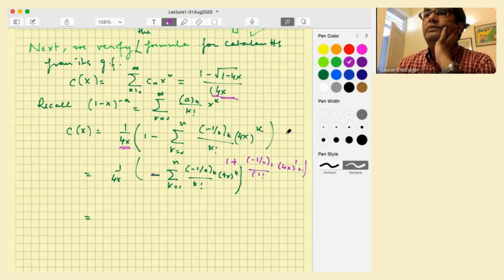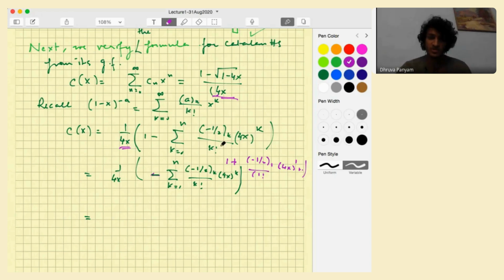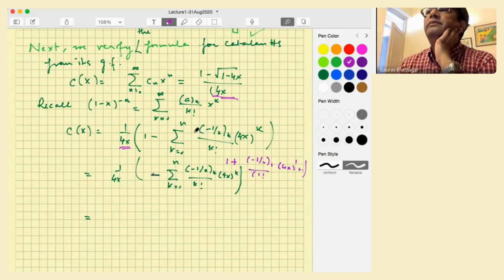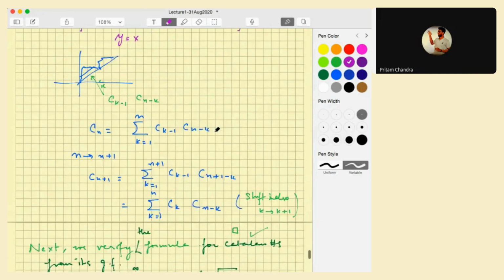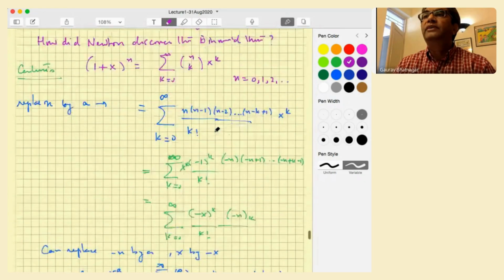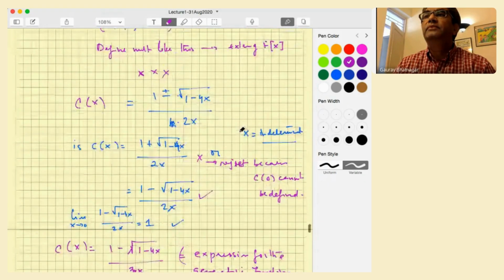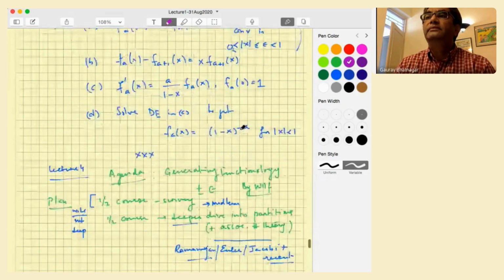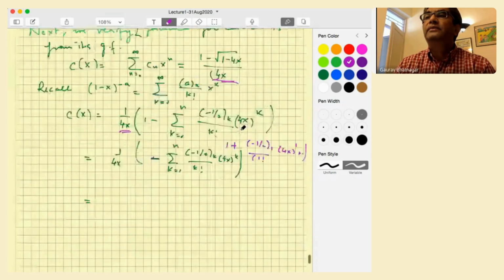Oh, it's 2x, is it? Yes, Professor. Easy to recall because I've written it somewhere before. Oh, there you go. Okay, all right. Got it.